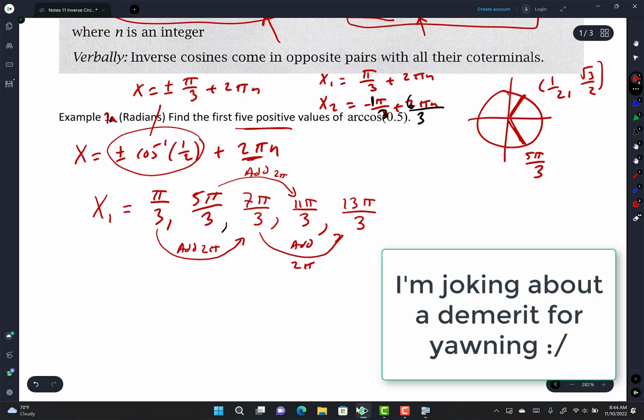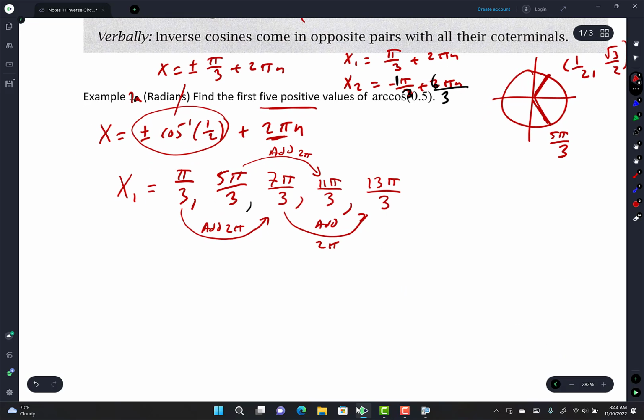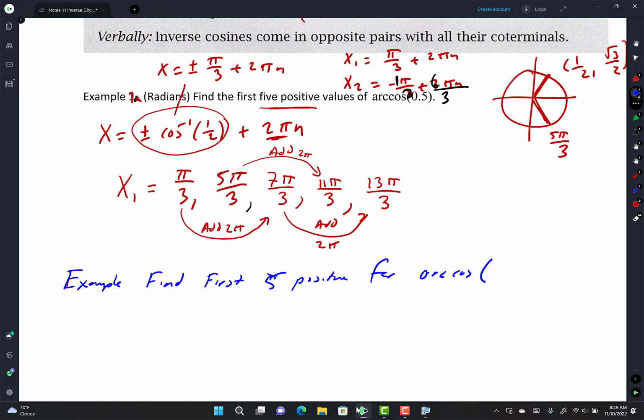All right, let's do example 1B. Let's do it in blue. If you have different colored pencils, this is a good one to do example 1B. Find first 5 positive for arc cos 0.62.